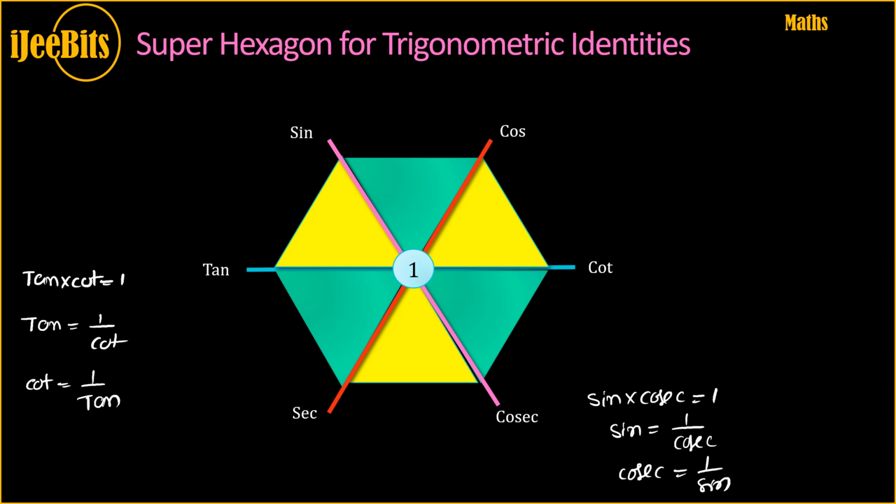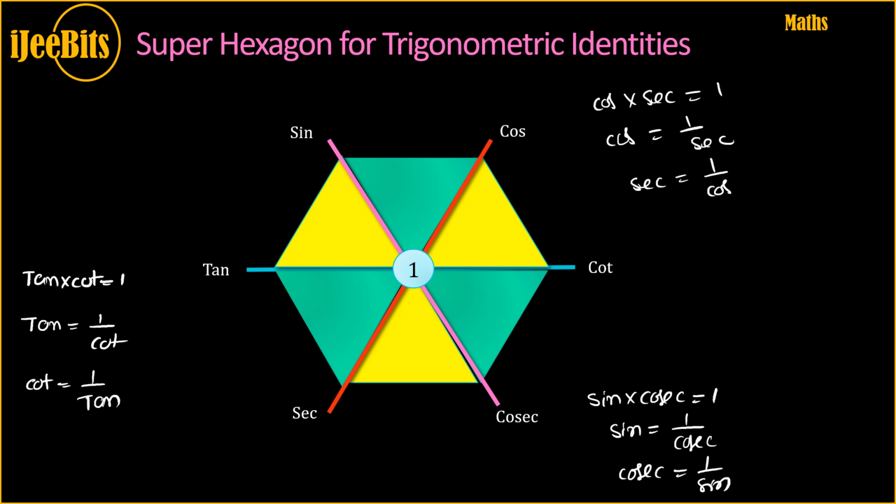Let's write them down here. Cos multiplied by secant equals 1, or cos equals 1 by secant, or secant equals 1 by cos. Do you see how easily we can remember?